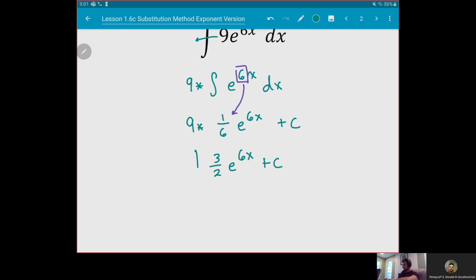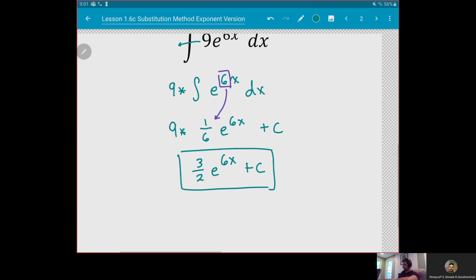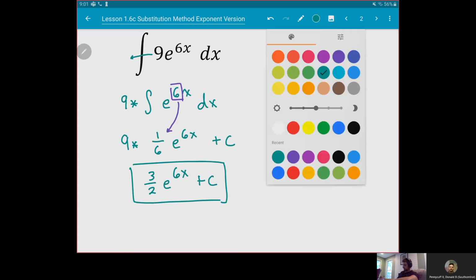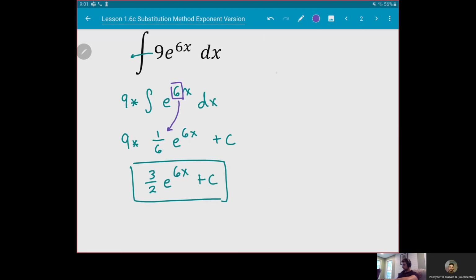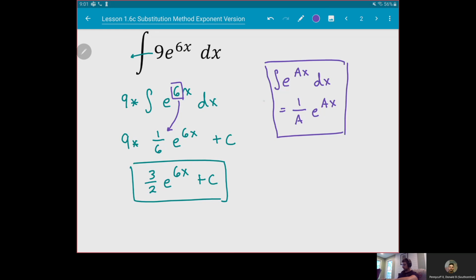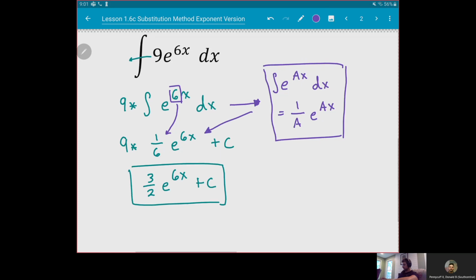Okay, that's the answer. The formula that we use to make that happen is the integral of e to the ax dx is equal to 1 over a e to the ax. Okay, so right here is the formula. Now there's a couple of things to notice about this formula that make it very, very limited.